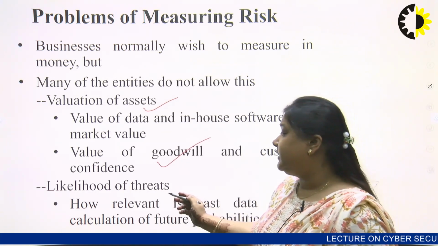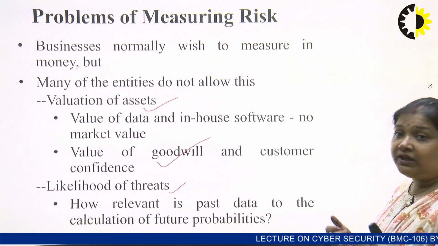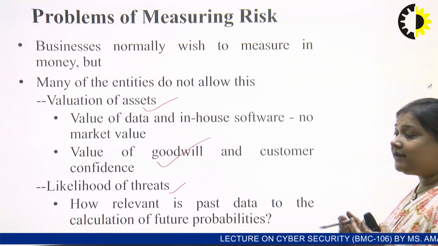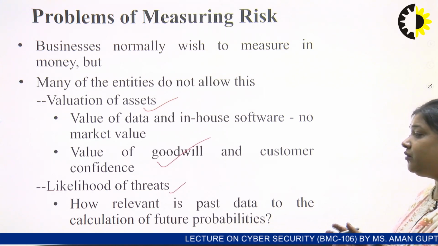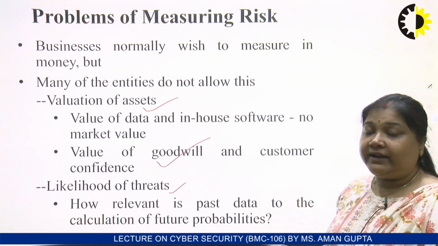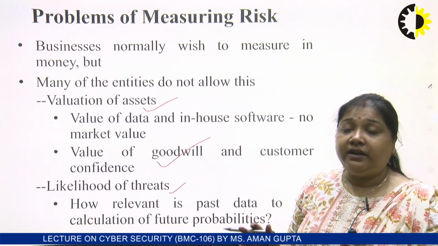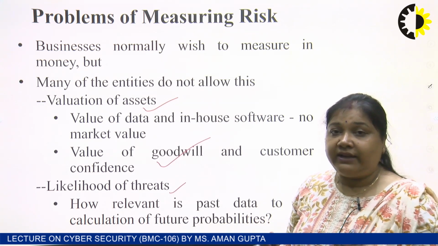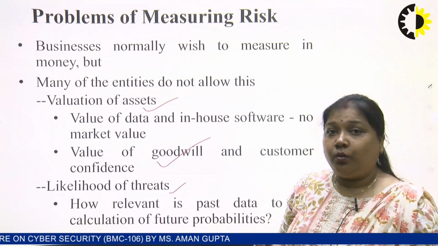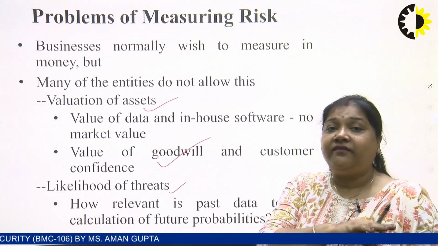Likelihood of the threats. If we talk about likelihood of threats, then we need to analyze how relevant past data is to the calculation of future probability. If some virus attacked our system and damaged it, and we installed some antivirus, then what is the likelihood of the same threat, the same virus?